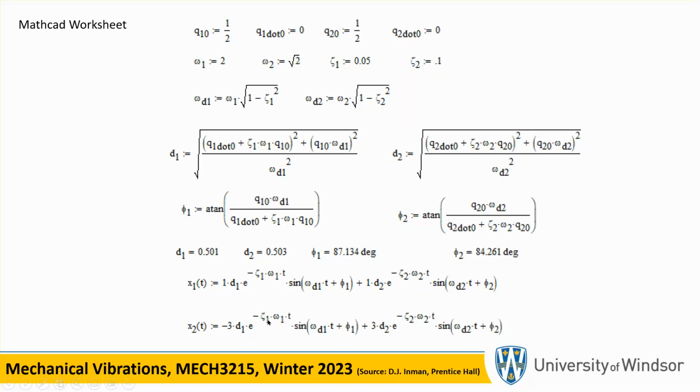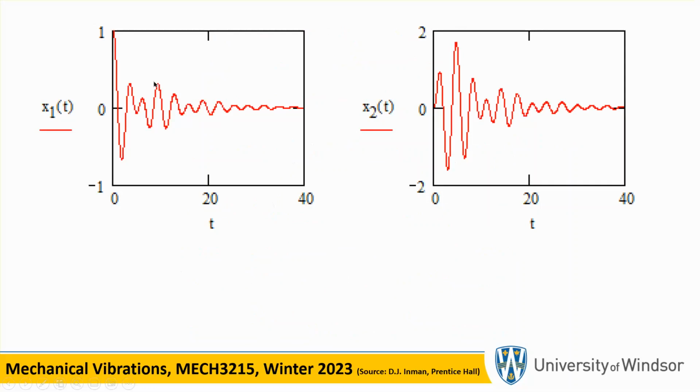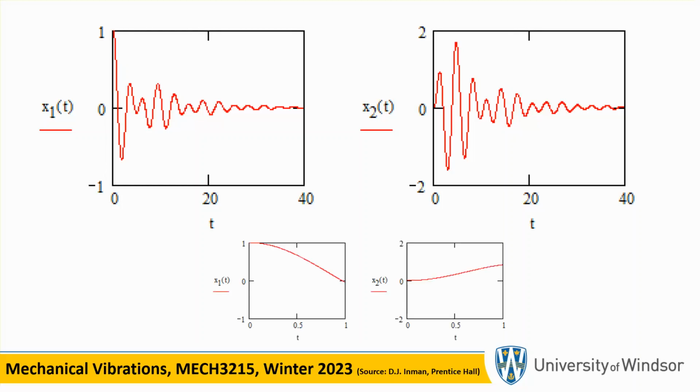Okay. And I have plotted them here for you. So this is x1 and this is x2, and we just solved a free vibration of a 2 degree of freedom system subjected to some prescribed initial conditions. Okay. Very good.